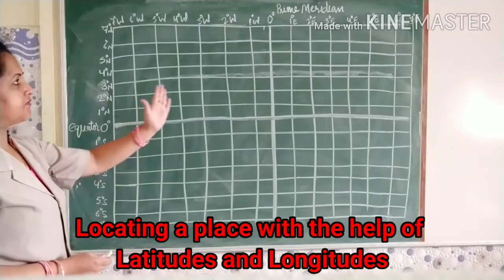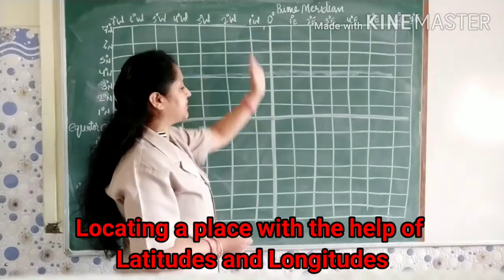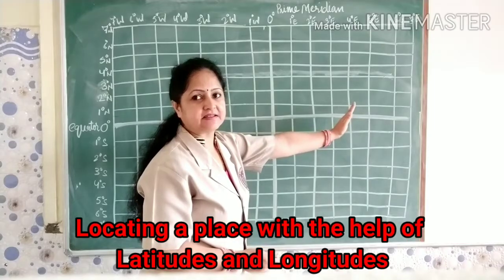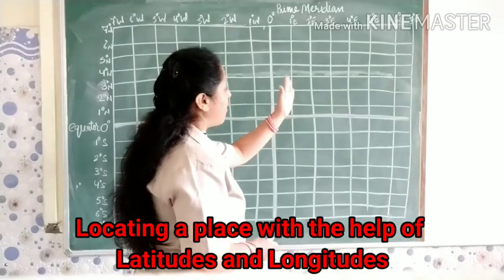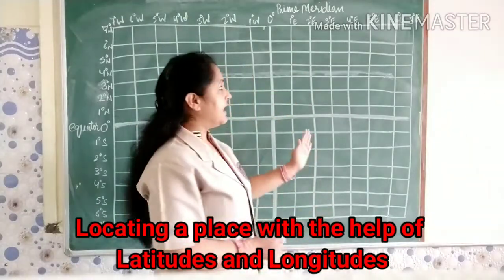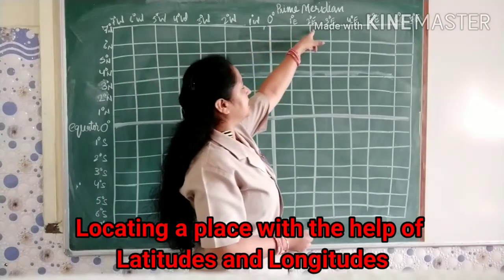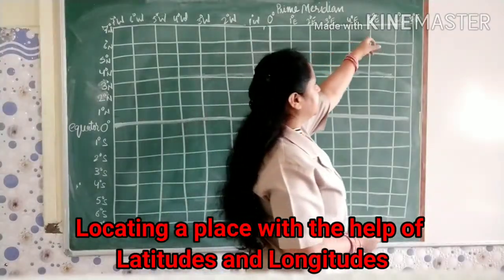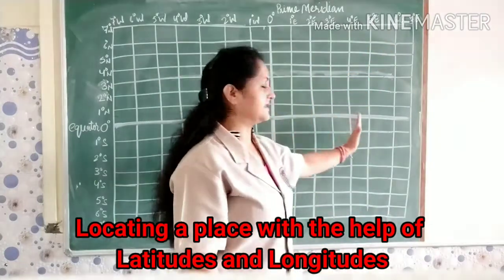The same thing applies to the prime meridian, which is 0 degree. From this 0 degree, this is our eastern side and this is our western side. Towards the eastern side, all the meridians drawn vertically are marked 0 degree, 1 degree E, 2 degree E, 3 degree E. E means east. 4 degree E, 5 degree E, 6 degree E and 7 degree E. I have drawn only 7 lines here.